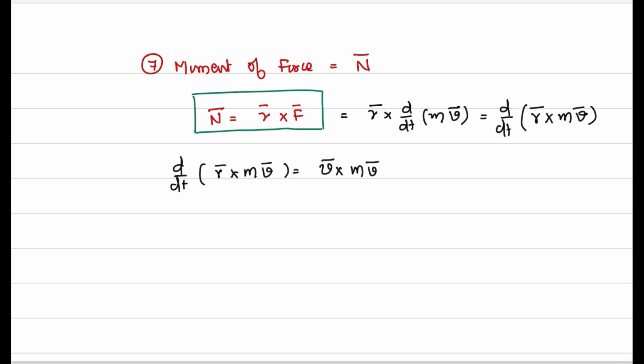Why is it v cross? Because d by dt of r is v. From the rule for differentiation of uv, which is u dash v plus v dash u. U dash means d by dt of r.